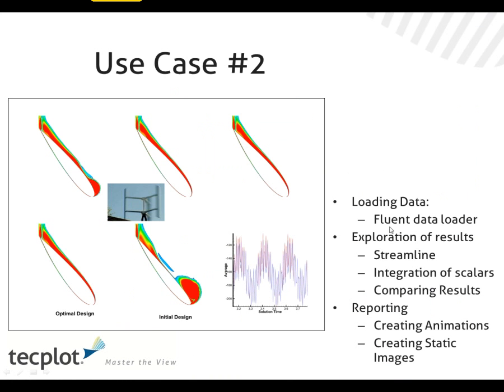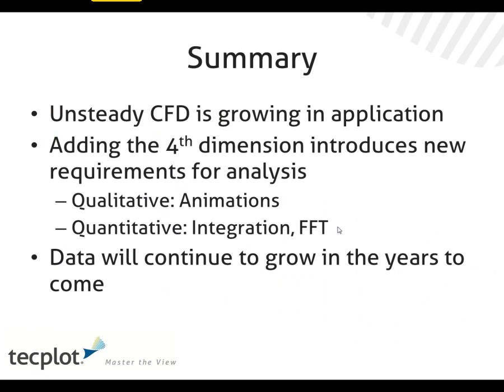Okay. So we talked about the data coming from Fluent. We did some Streamline, though we didn't actually look at Streamlines in great detail. We talked about comparing results and creating animations. At this point, we wanted to keep the last couple of minutes available for answering questions. So let me quickly summarize, and then we'll get to a Q&A.